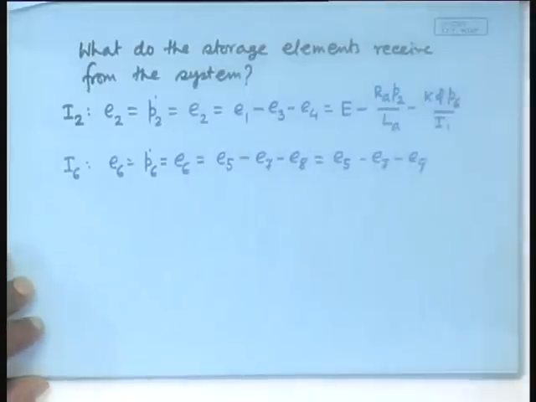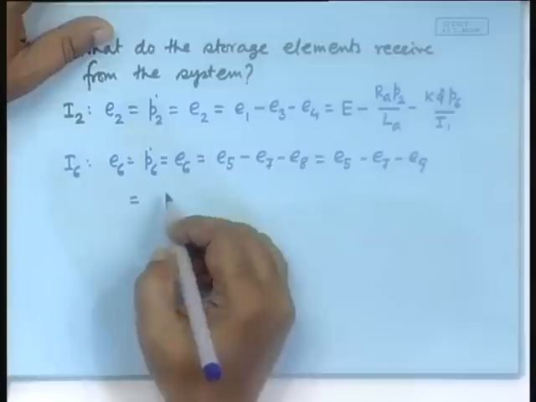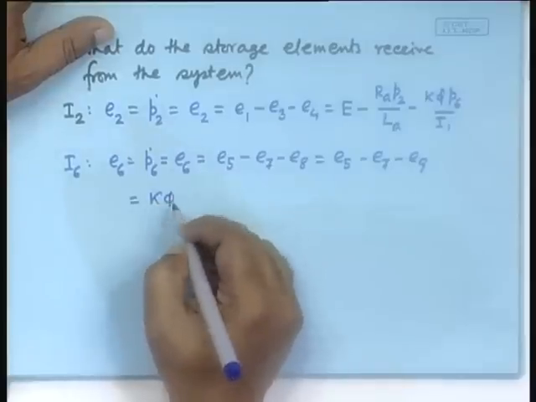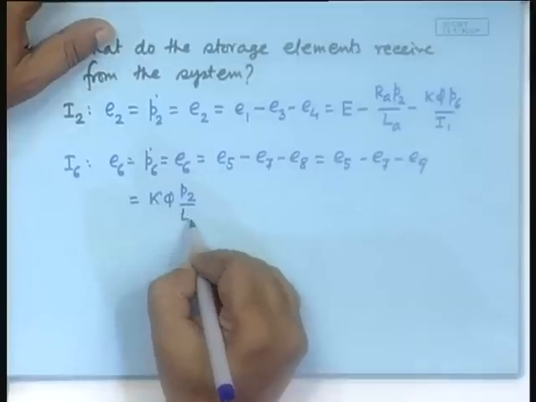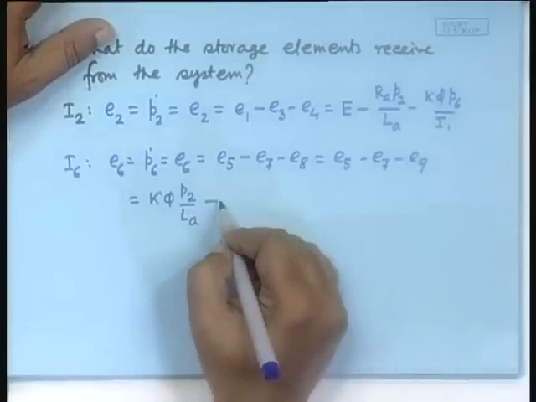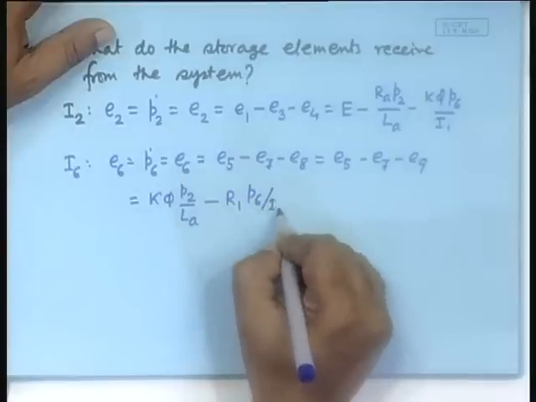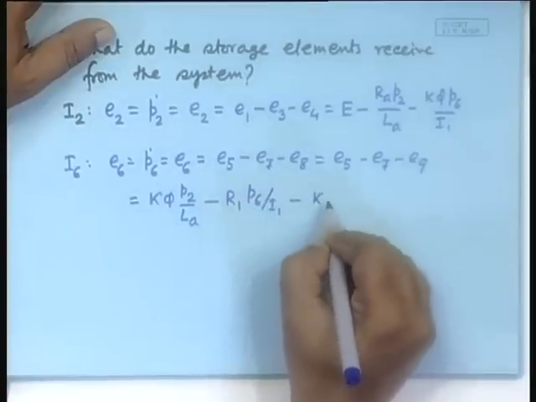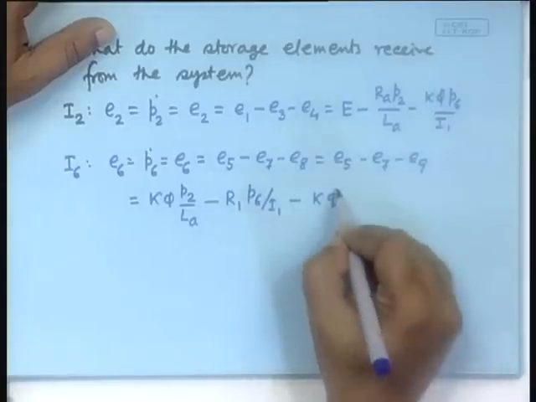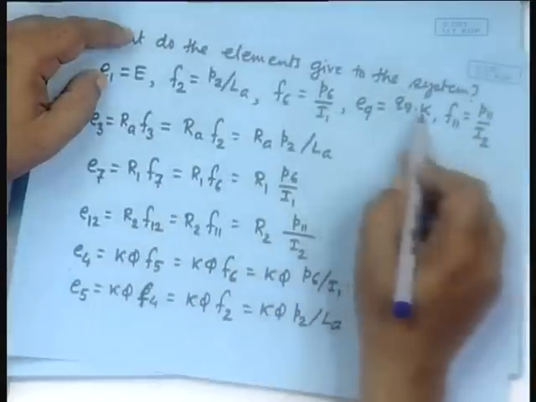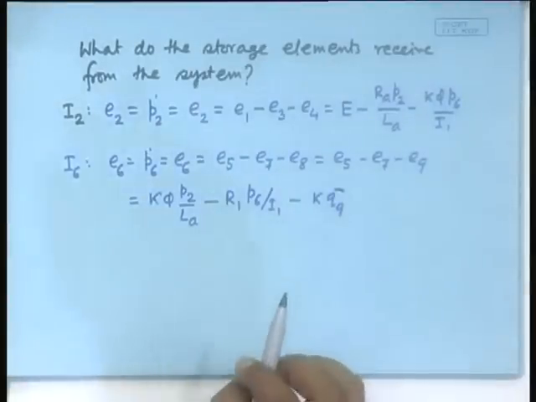So, if you substitute, you obtain K phi P2 by L A minus R1 P6 by I1 minus K Q9, sorry. So, this is the second equation.